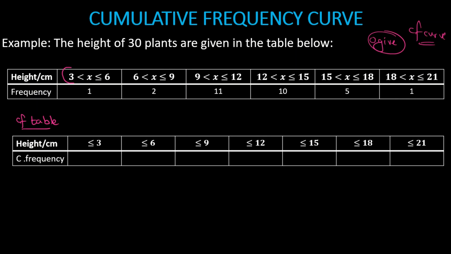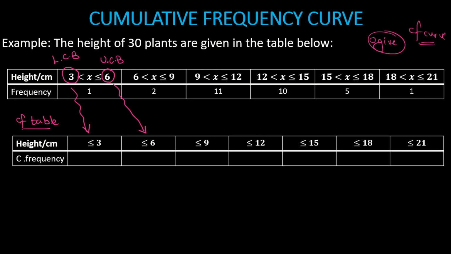We start with the lower class boundary of the first interval. The lower class boundary is 3. So we start with 3 for the height of plants. Then for all remaining values in the table, we are going to select the upper class boundaries. So 6 is the first upper class boundary, right?